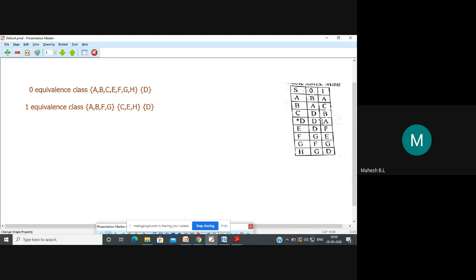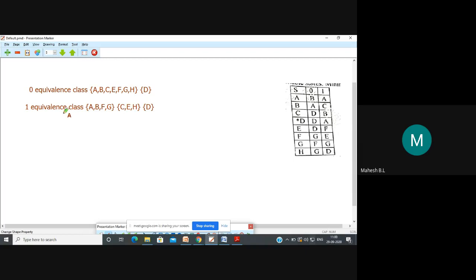Then for the others, which are C, E, H: C goes to D, B; D is in one class and B is in another. E goes to D, F; D is in one class and F is in another. H goes to G, D; G is in one class and D is in another. For the time being, we'll keep it like this.